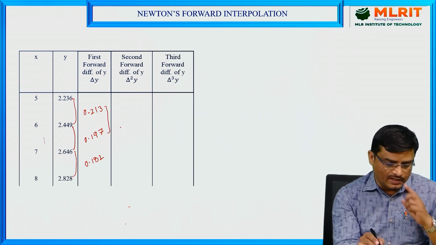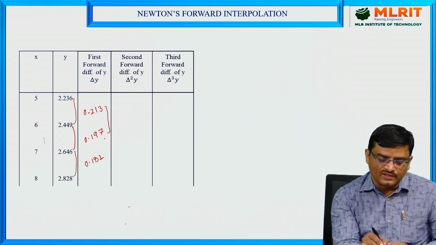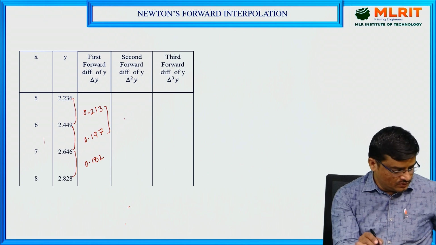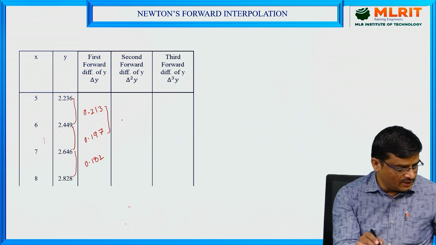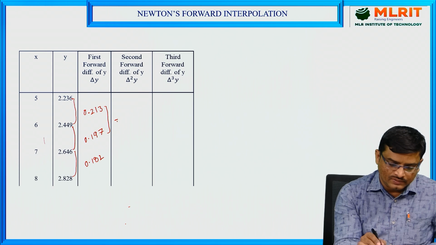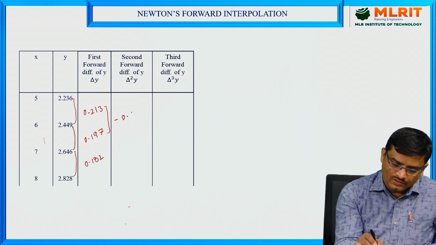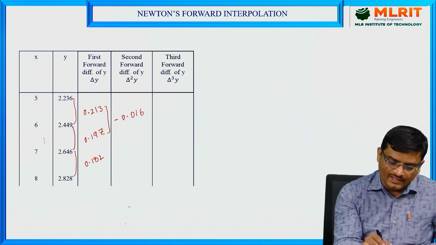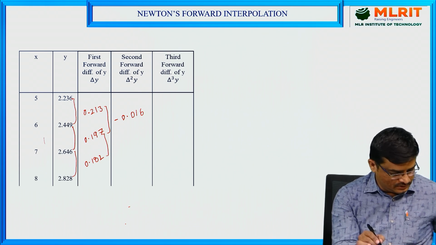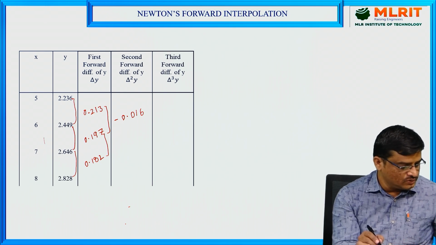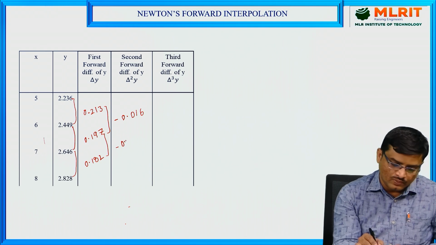Next, go for the differences of these first forward differences to get the second forward differences of y, that is delta square. 0.197 minus 0.213 gives minus 0.016, and the next, 0.182 minus 0.197, gives minus 0.015.